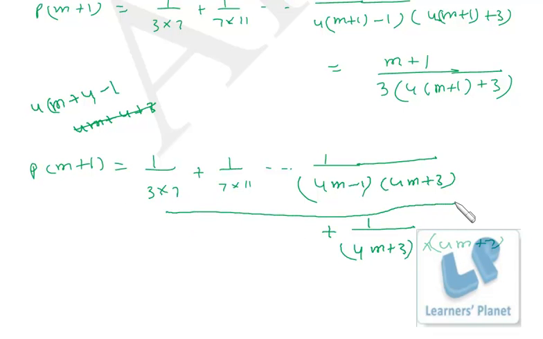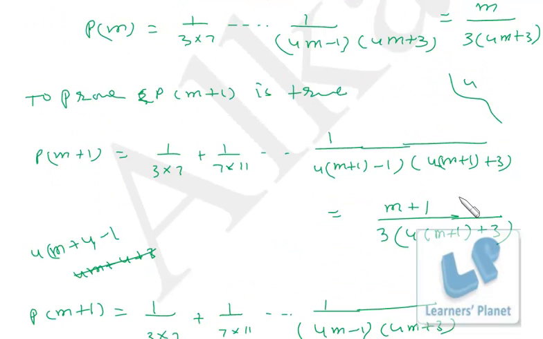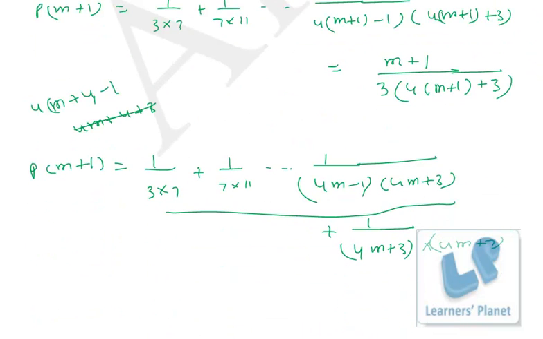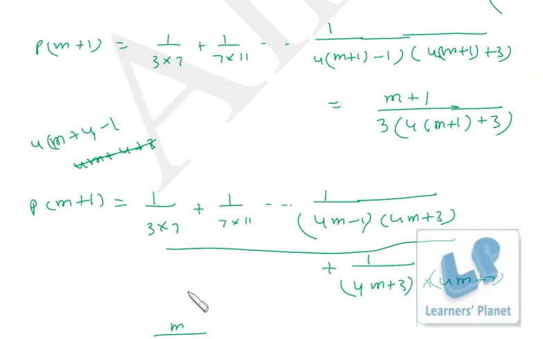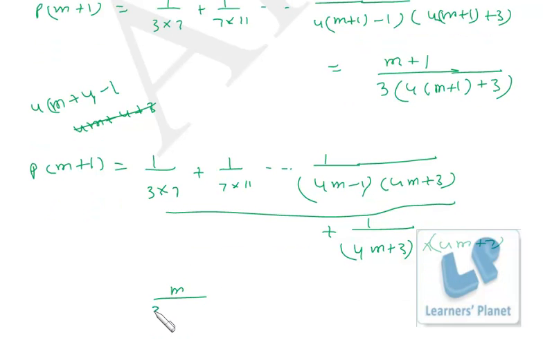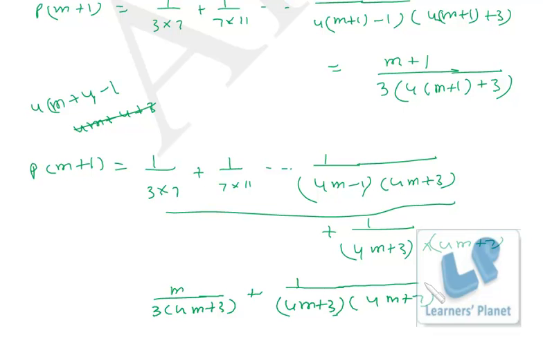Now up to here we know the answer, right? 1 upon 3 into 7, 1 upon 7 into 11, up to here it is m upon 3 times (4m plus 3). Now we are left with this, so 1 upon (4m plus 3) into (4m plus 7), right?